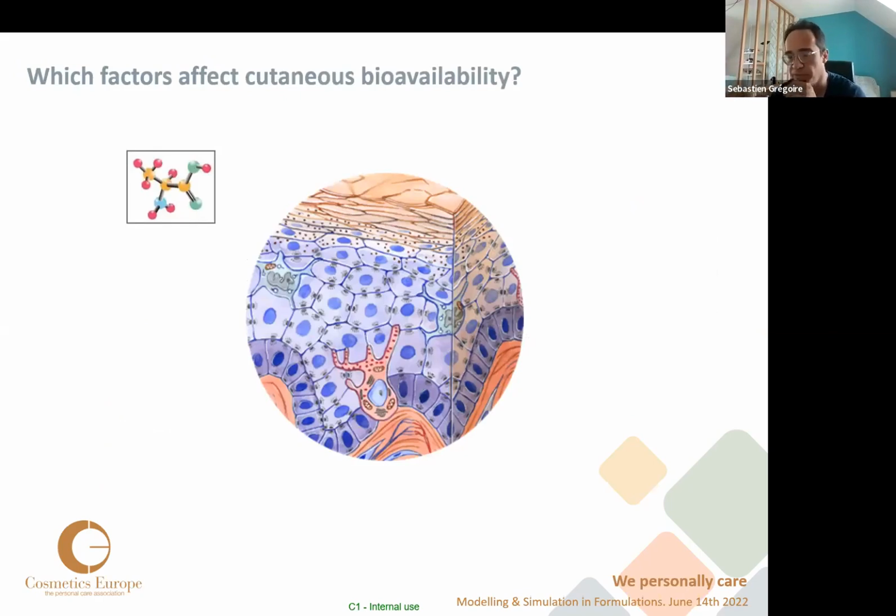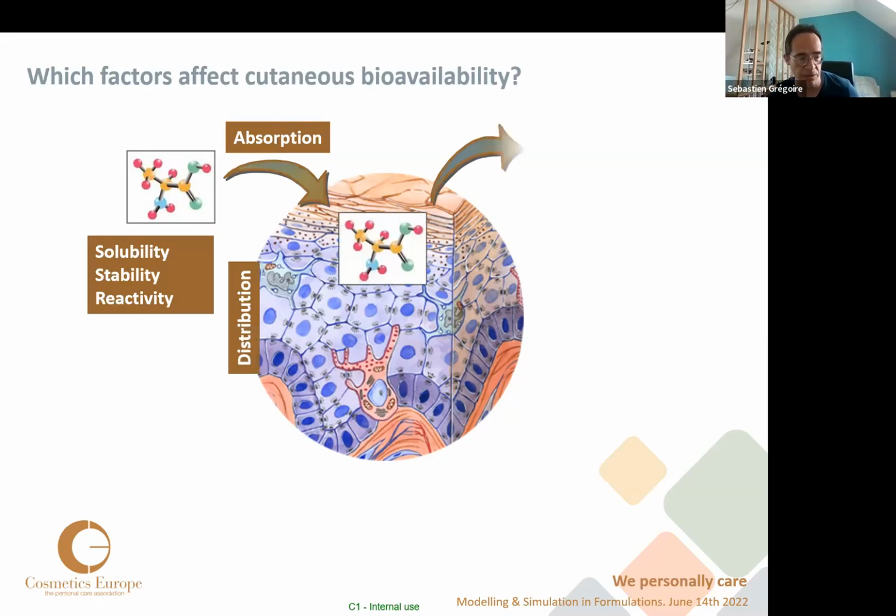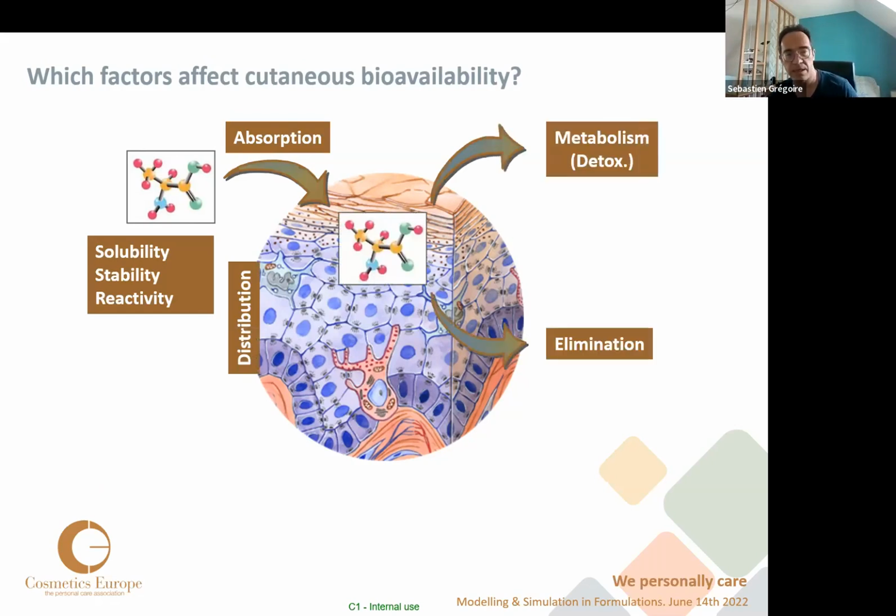It's the sum of different components. The first one is that the chemical enters into the skin, especially through the stratum corneum, which is the main limiting step for the skin. Then when it has entered the skin and reached a viable part of the skin, it can be metabolized into different kinds of chemicals.